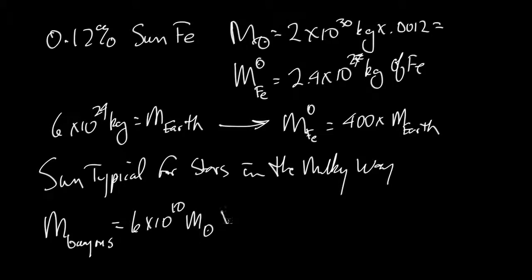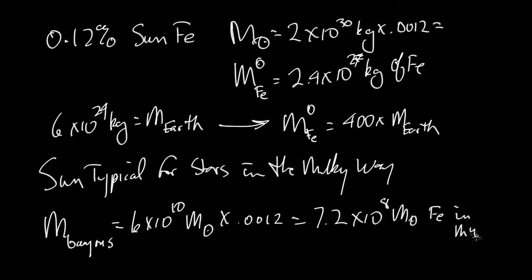And we know that 0.0012, or a fraction of that, is iron. And so we need to have about 7.2 times 10 to the 8 solar masses of iron in the Milky Way. That is a lot of iron. And so that is iron that we have to create in the 13.8 billion years since the time of the Big Bang.